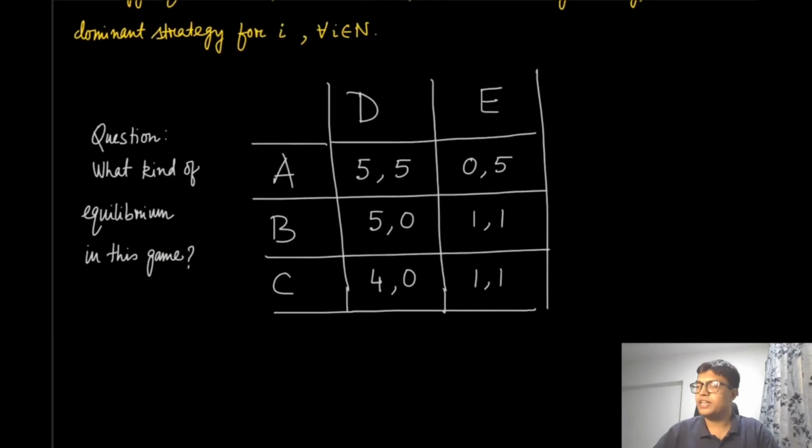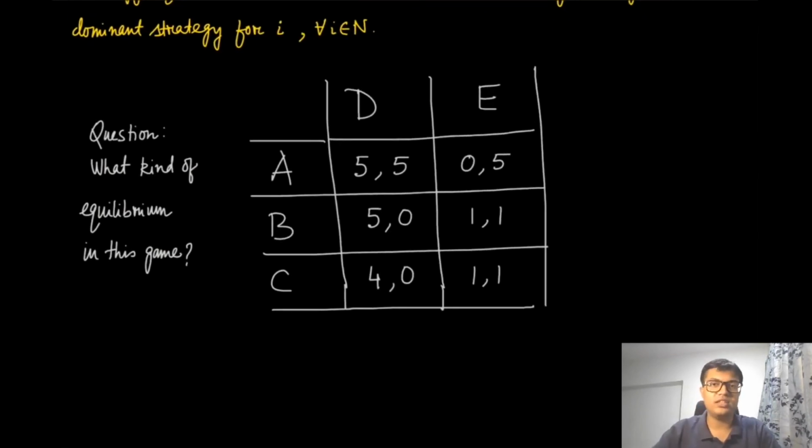So let us look at an example and try to find out what is the strictly or weakly dominant strategy. It's fairly easy to figure that out. So here is the game matrix. Maybe you can just pause again and try to find it out yourself before I give the answer.